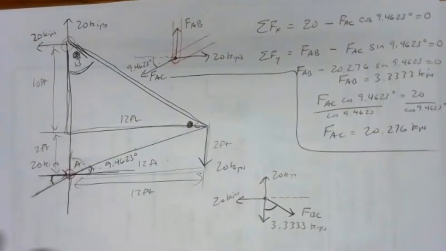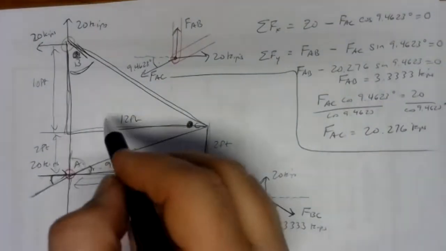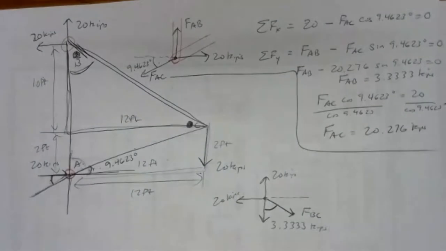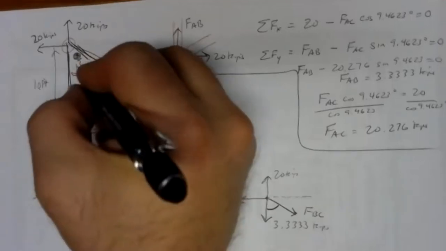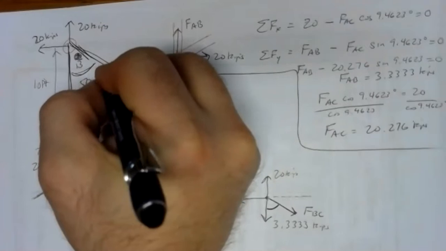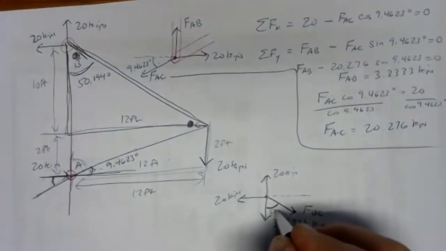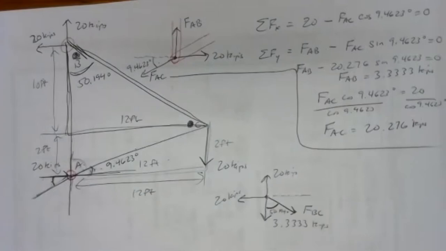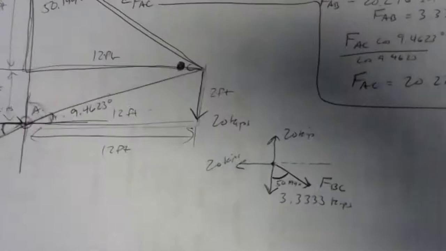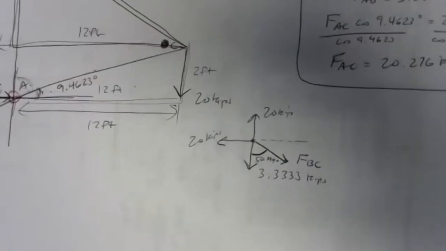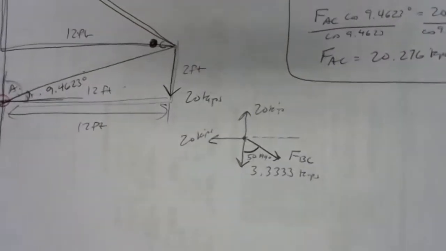Our adjacent side is 10 feet. So we have the inverse tangent of 12 over 10, opposite over adjacent. So 12 over 10, inverse tangent. And we get 50.194 degrees. So that'd be our angle there.